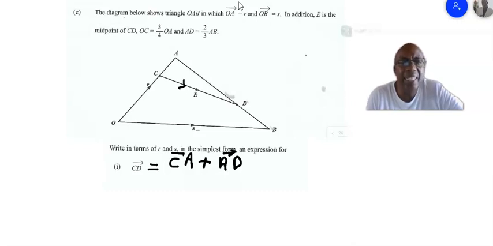Vector CD is vector CA plus vector AD. So I will have to find out what is vector CA and what is vector AD in terms of R and S. So first, let's look at vector CA. What is vector CA?